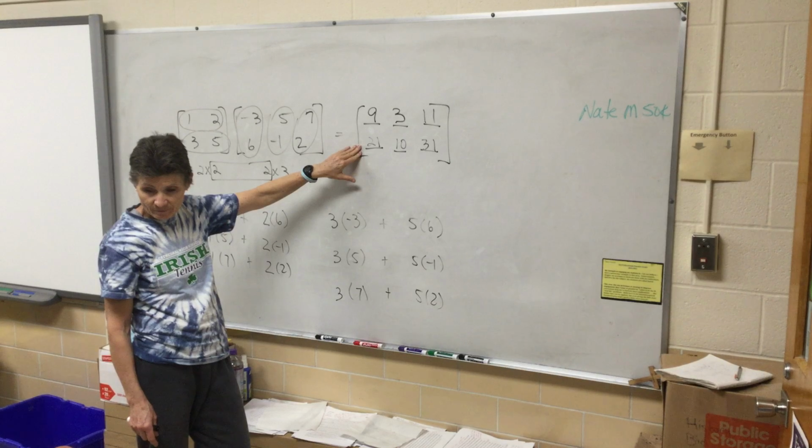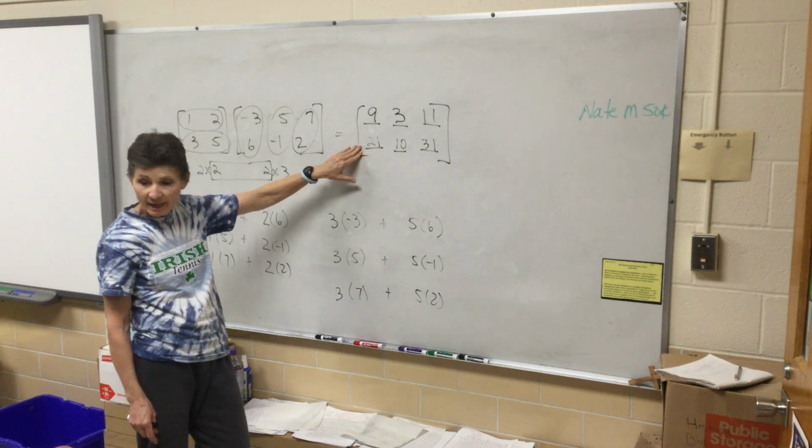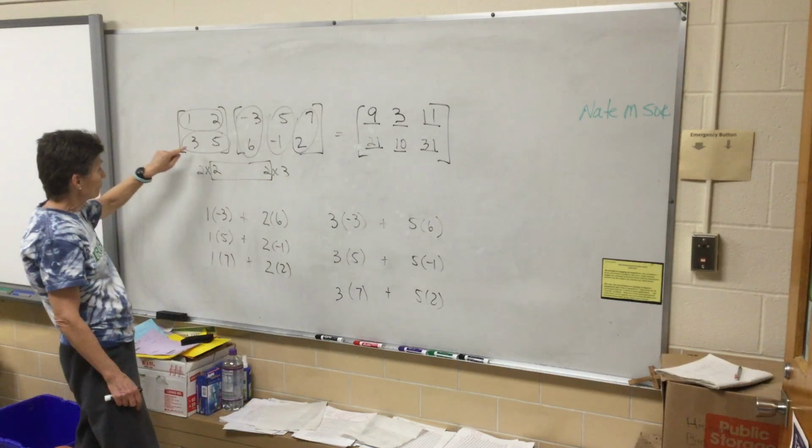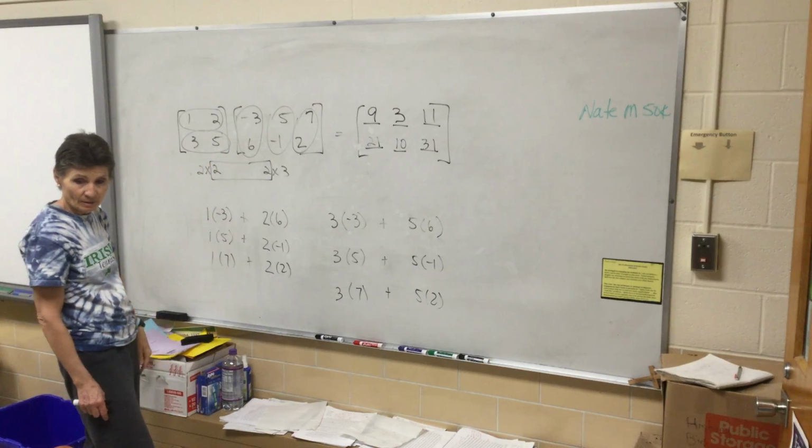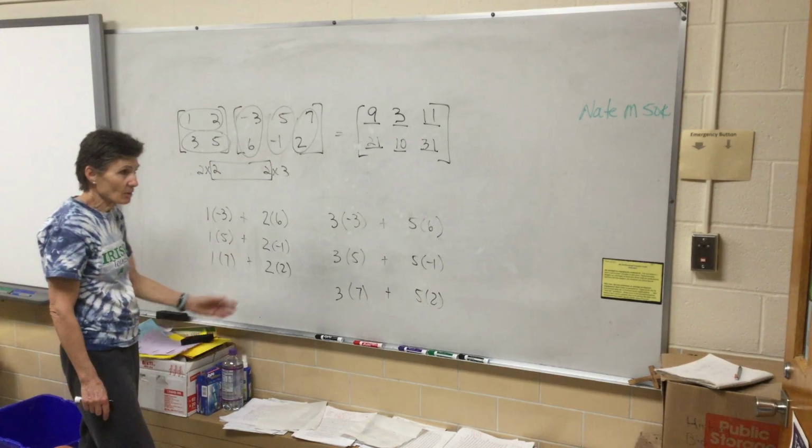I did 3 times 6 and 5 times negative 3. Okay. You've got to go in order, sweetie. So first number times first number, second number times second number. Okay, write them down. Be organized. All right, do the other ones.